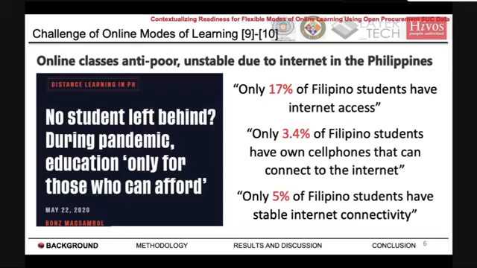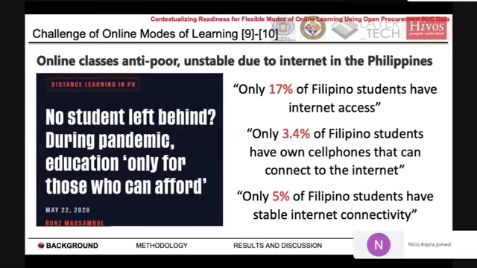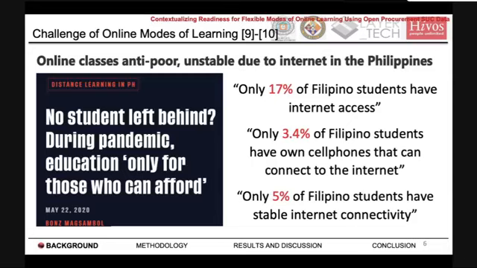Only 3.4 of those students have their own cell phones that can connect to the internet, and only 5 of Filipino students have stable internet connectivity. So for these reasons, we can safely say that shifting to an online mode of learning is somewhat, not impossible, but maybe an unfeasible approach to continue education safely.